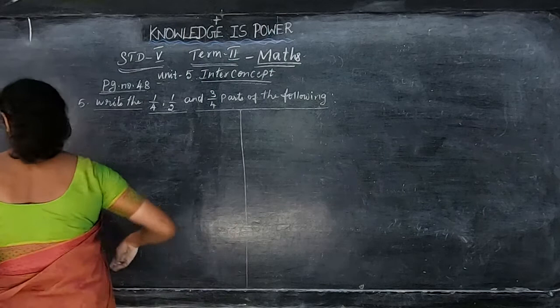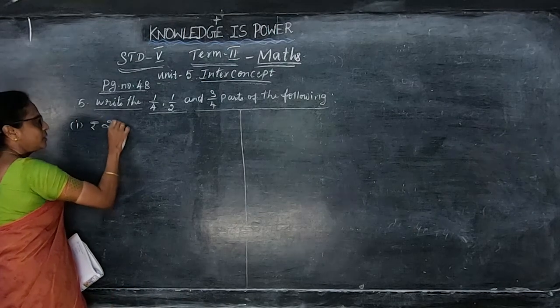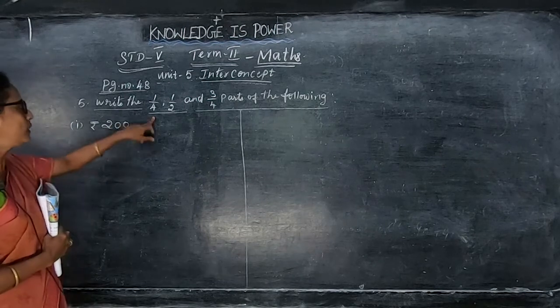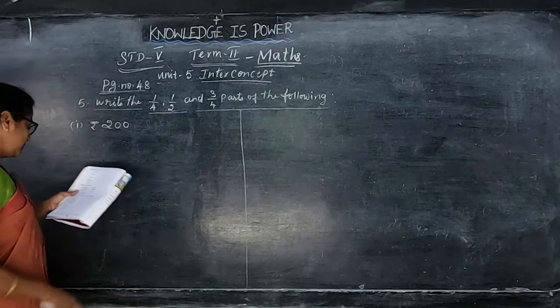So in this first sum they are given rupees 200. So in the 200 we have to find 1 by 4, 1 by 2 and 3 by 4. How much rupees is it?